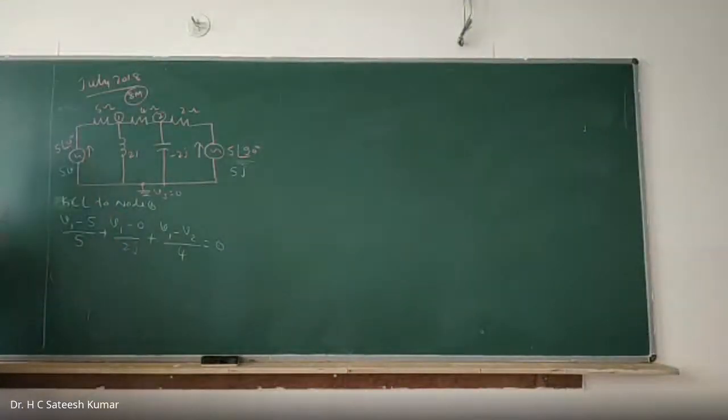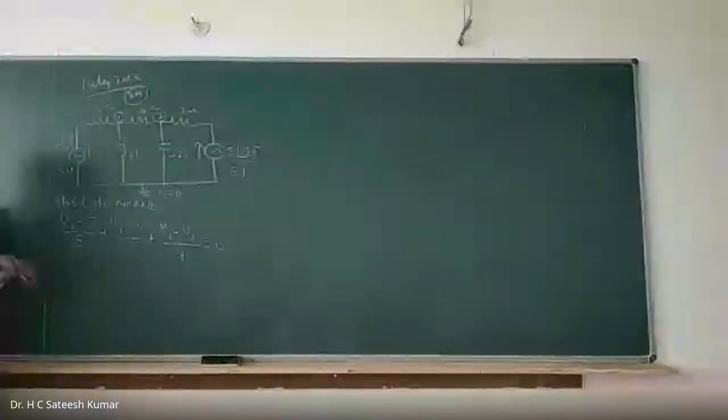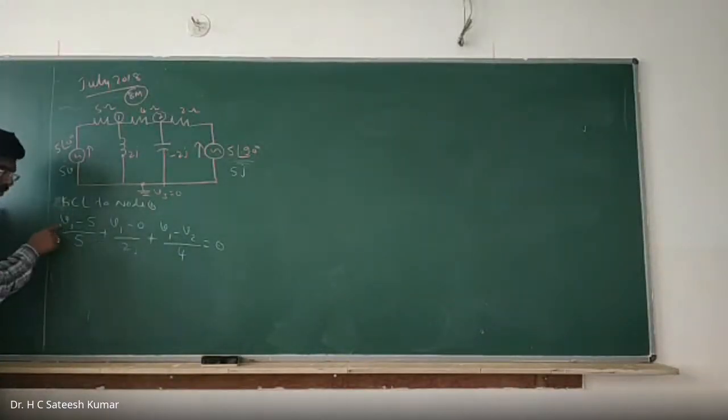V1 coefficients: 1 by 4 is 0.25, 1 by 5 is 0.2. First add the real parts: 0.2 plus 0.25 is 0.45, so 0.45 V1 is the real part.